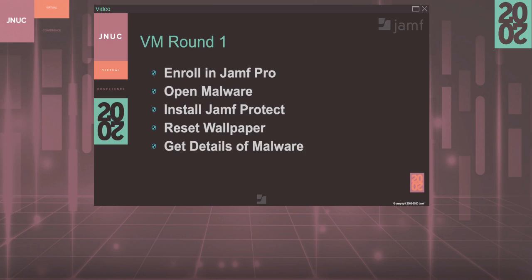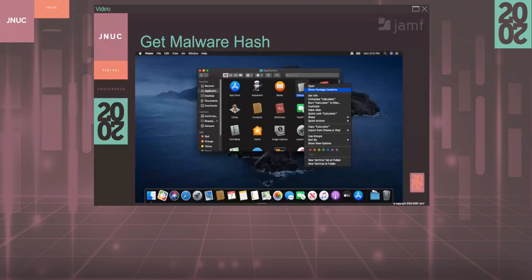All right, so next up, let's get some details of this application that ran on our device and get some forensic information on exactly what was executed. For any application, process, PKG, or DMG, you should be able to right click on it and click Show Package Contents.